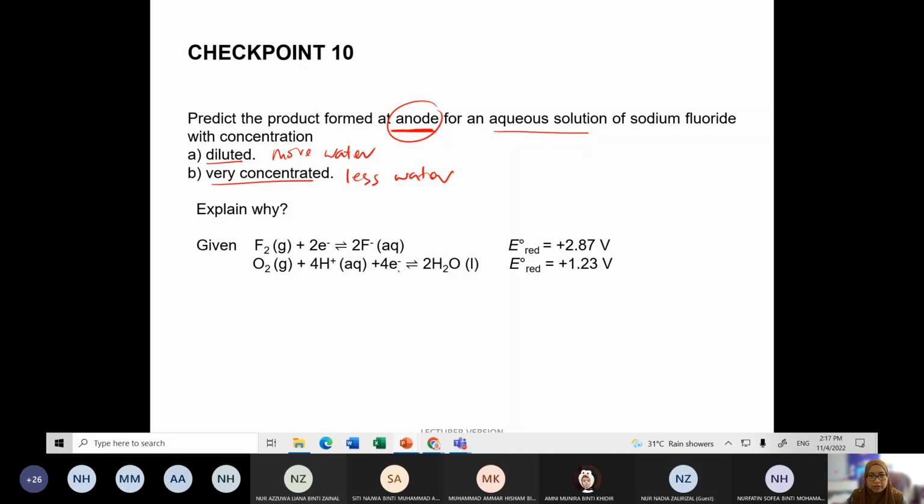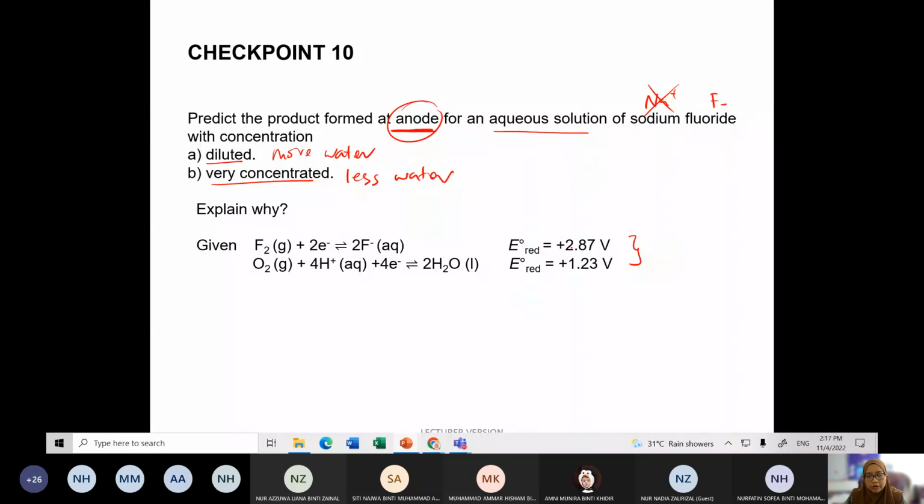If it's diluted, we have competing species. We have sodium plus and F minus. So this does not concern us because sodium will be going to the cathode. We only want the anode, so fluoride will be going to the anode. And don't forget water as well. So we need these 2 values.